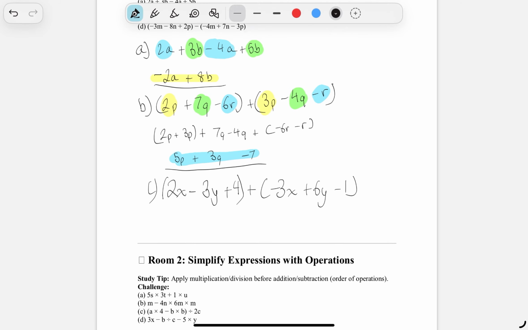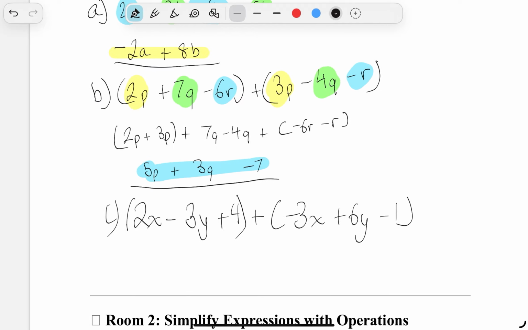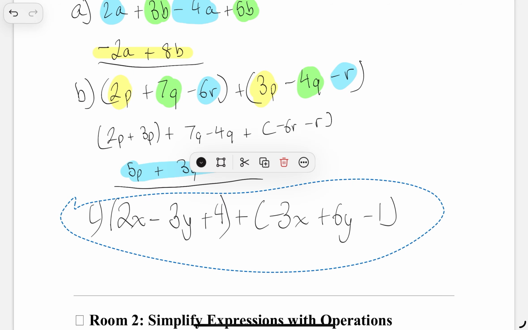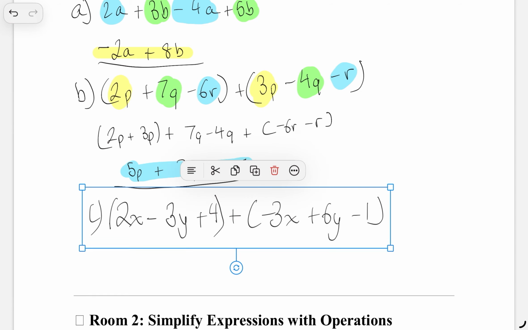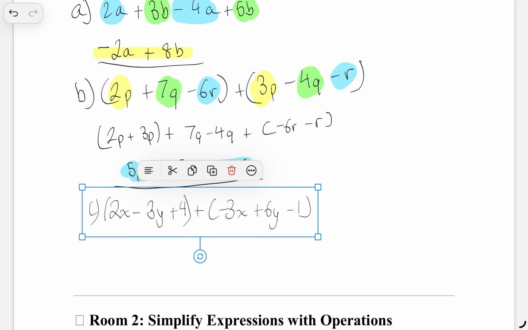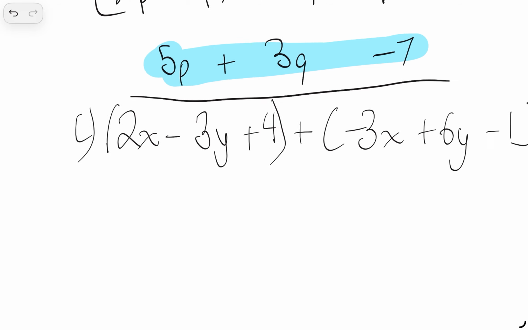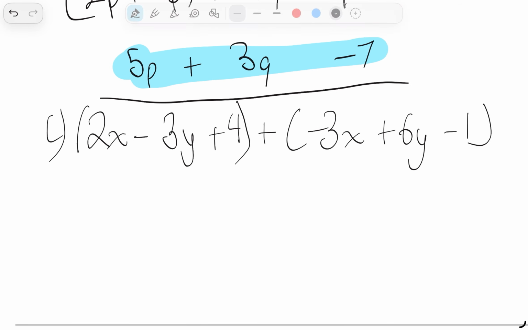To work this one out, let's make this a bit smaller and then zoom in. So 2x minus 3y plus 4 plus minus 3x plus 6y minus 1.